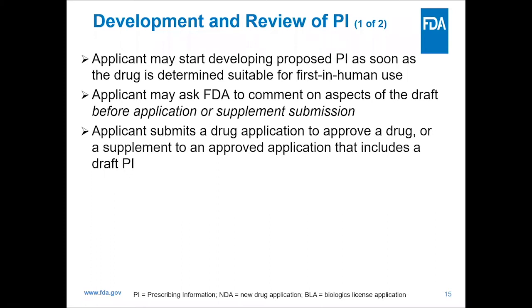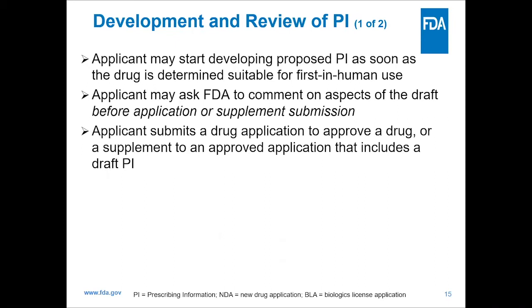When the applicant is ready, they'll submit an application to approve a drug in the United States, or they can have a supplement application. A supplement application is for those drugs that are already approved in the United States, and this is an additional indication or additional use.